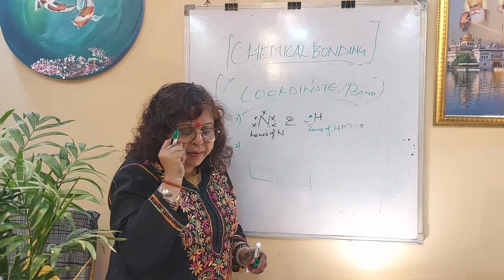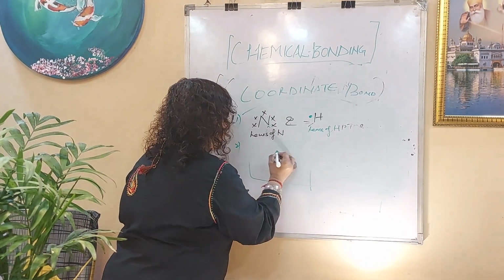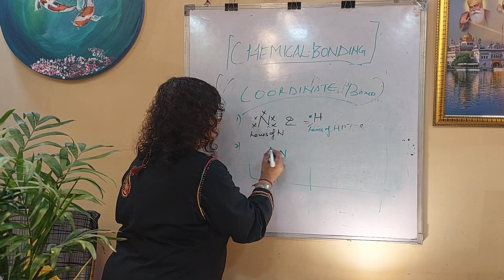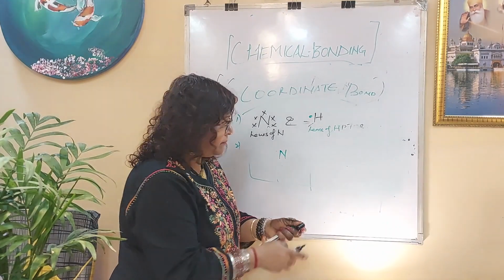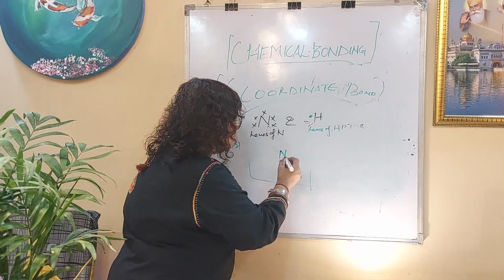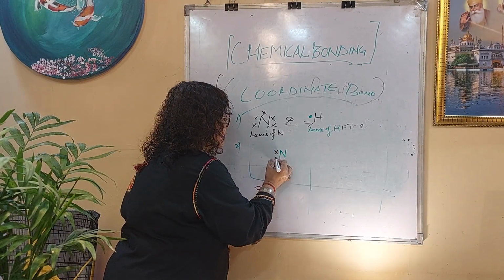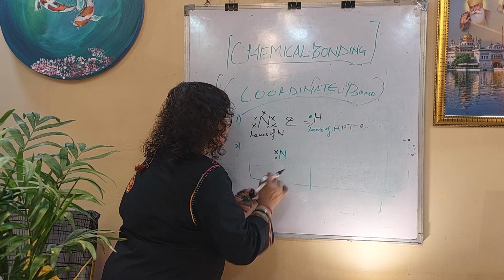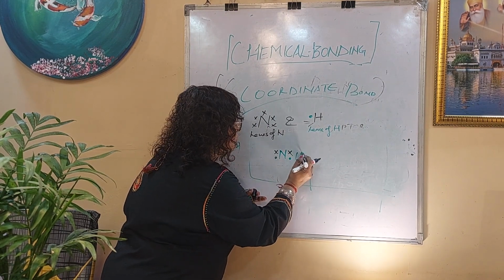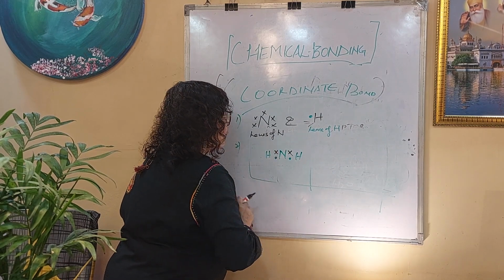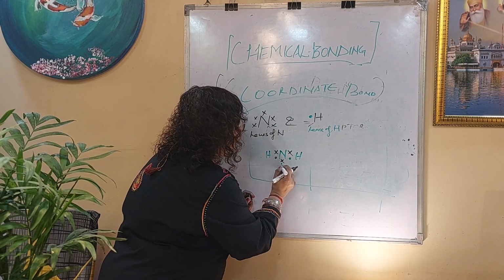What will be the next step? You have to show the bonding between nitrogen and hydrogen. Nitrogen will form ammonia. How will it form ammonia? One dot for nitrogen, one cross comes for the hydrogen, one here, one here.